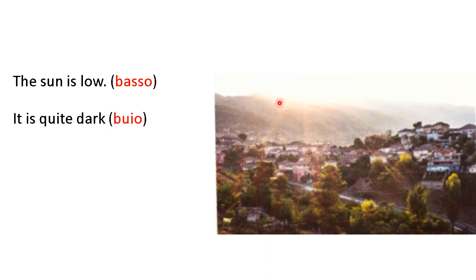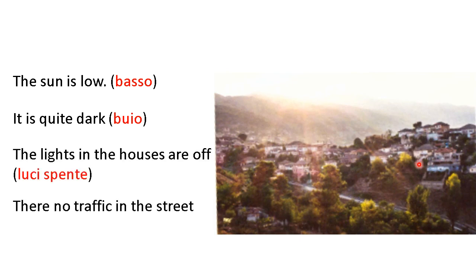There are a number of clues in the picture. These are just some examples. Firstly, the sun is low, so it's either early in the morning or late in the afternoon. Then it's quite dark, and the lights in the houses are off.